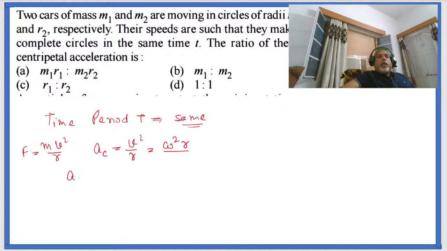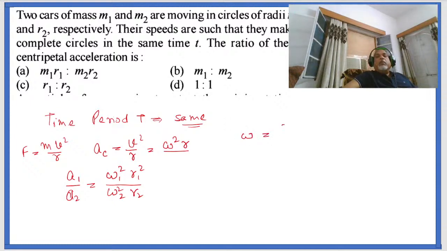So A1 upon A2 will be nothing but omega square r1 upon omega square r2. But omega is what?